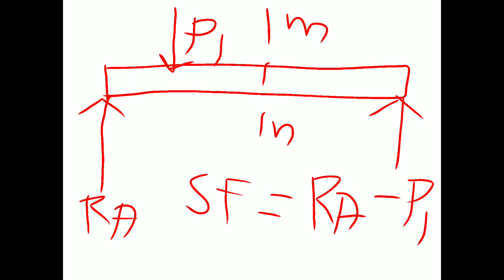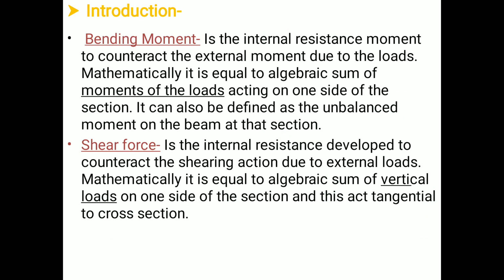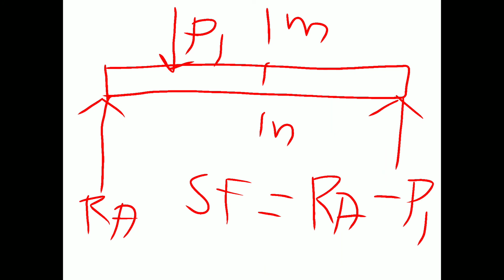We have considered RA as positive because it is acting in upward direction, and P1 as negative because it is acting in downward direction. Therefore, as per the definition of the shear force, it is the internal resistance developed to counteract the shearing action of external load. This is the definition of the shear force.